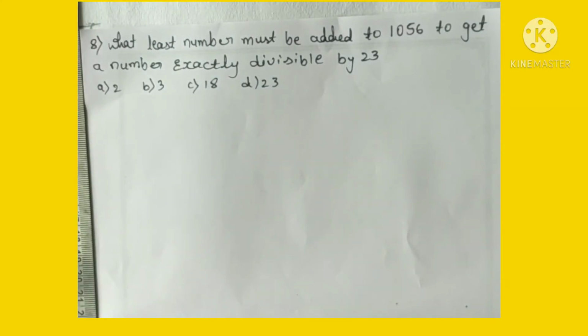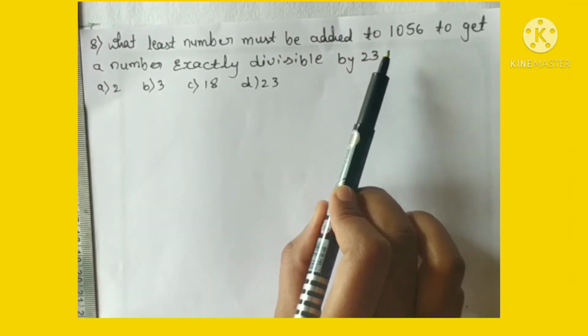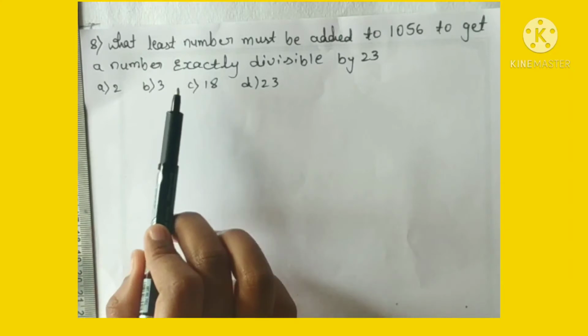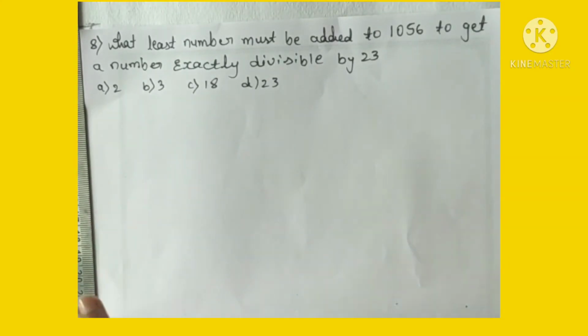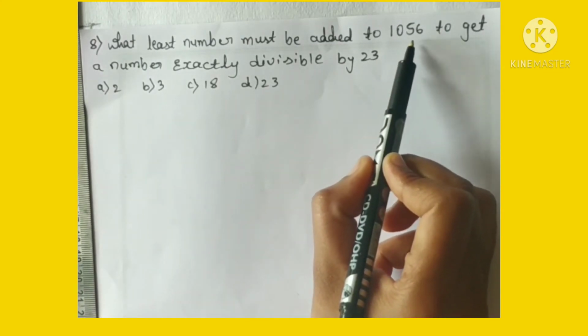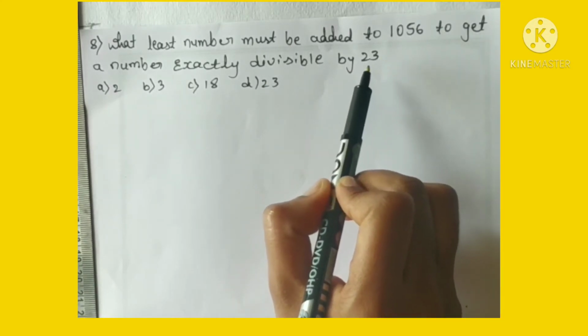Question 8 says: what least number must be added to 1056 to get a number exactly divisible by 23? This is also a previous year question, but I don't know the particular year. This question says that we have to add some number to 1056 such that the number must be divisible by 23.